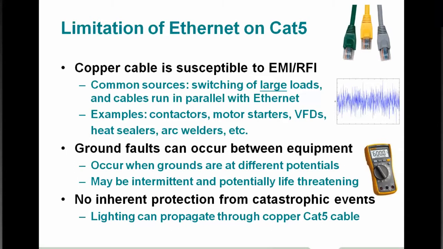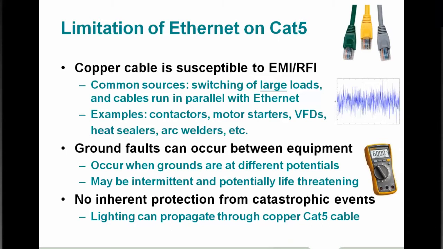Lastly, anything copper is susceptible to catastrophic events. Depending on where you're at, it can be more or less of an issue. Here we're based in Los Angeles, and we don't get this too often, but certainly in many other parts of North America, you can have significant issues with lightning.